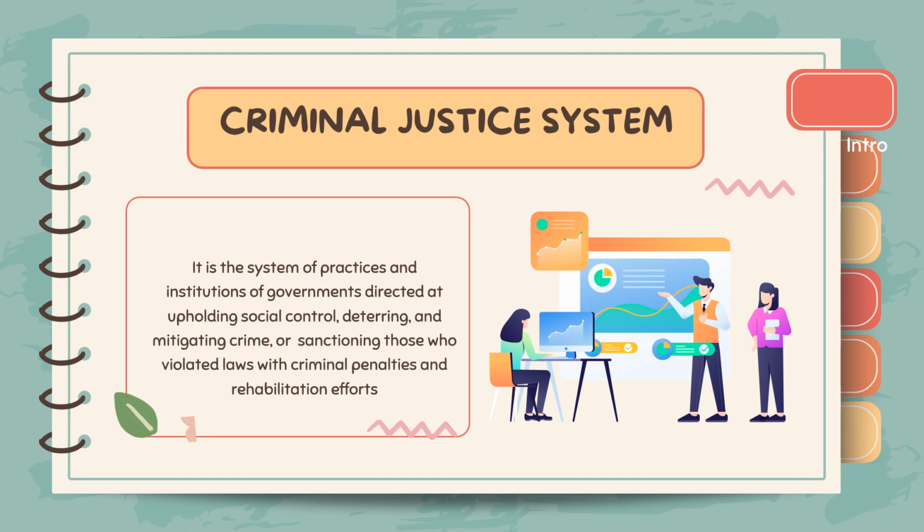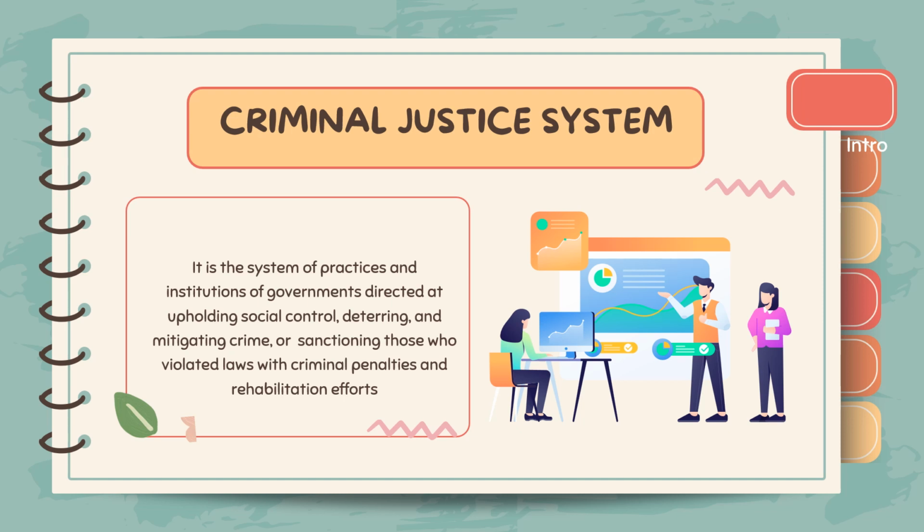So, if you try to analyze the meaning that I've provided, it refers to the components of the criminal justice system, and we all know the Philippine criminal justice system is composed of five components or five pillars, mainly the law enforcement as the prime mover, the second one the prosecution, third is the judiciary or the court, the fourth one is the correction, and the fifth one is the community.